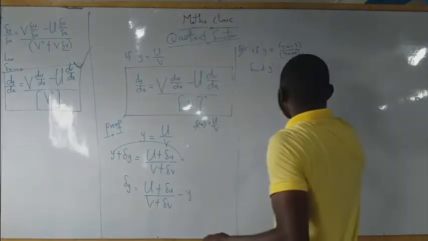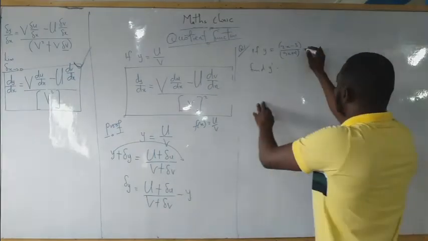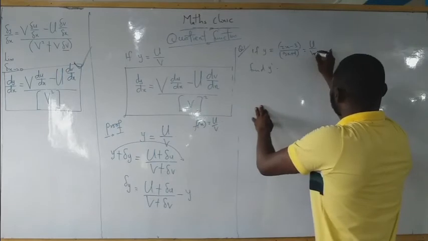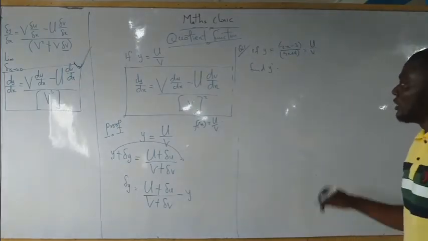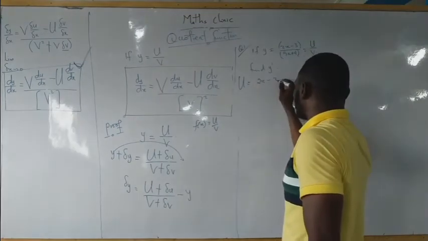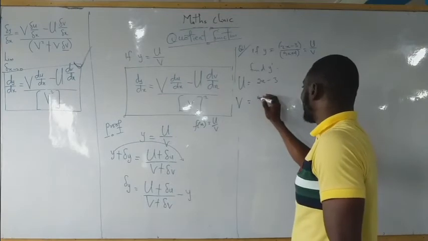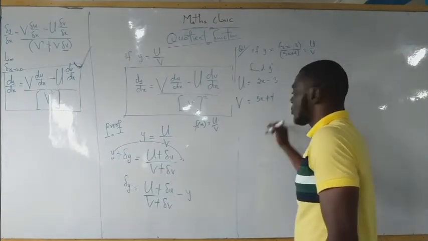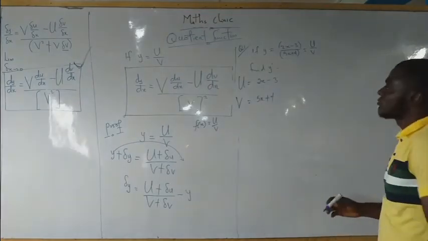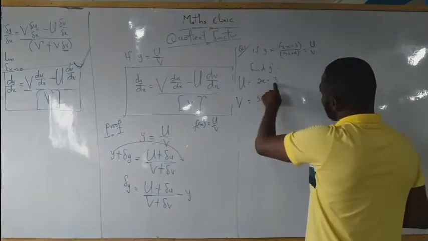We have to differentiate between u and v. Okay? Don't forget that this is u upon v. Meaning that u is 2x minus 3, while v is 5x plus 4. Yes or no? Yes. U is 2x minus 3.